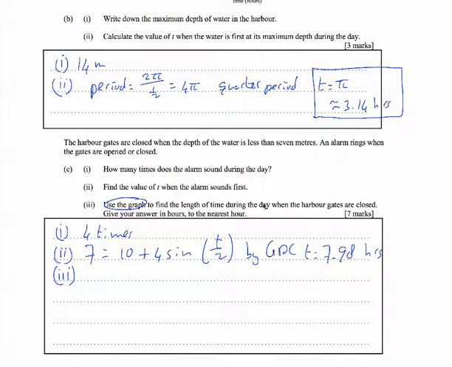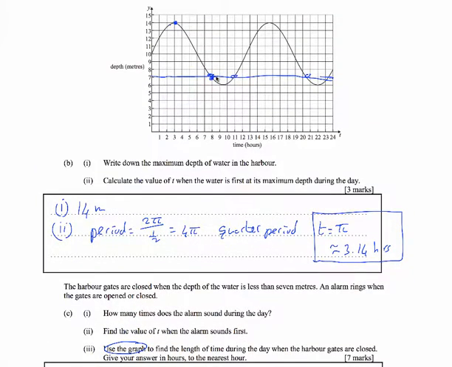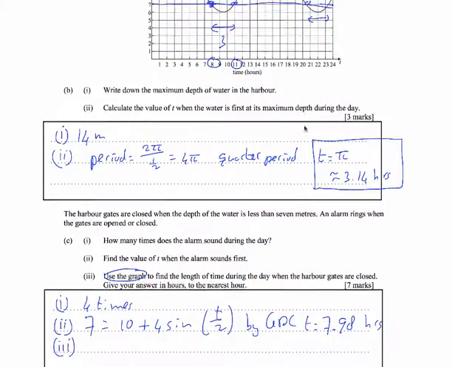Use the graph to find the length of time during a day when the harbor gates are closed. All right, so from here to there, and from there till there. Okay, so this is roughly 8, and this is roughly 11, so this is roughly 3. It's symmetric, right? And it's only to the nearest hour.